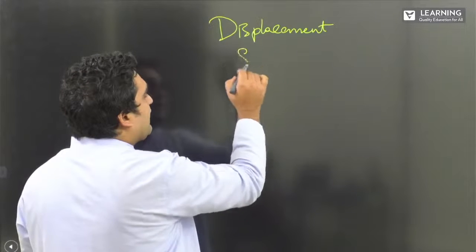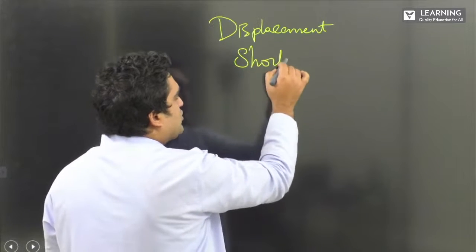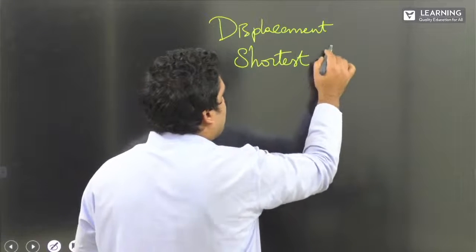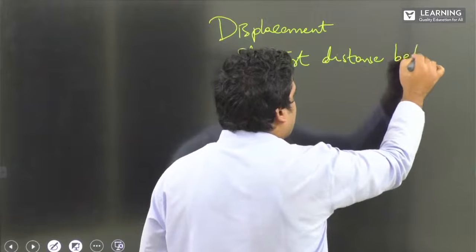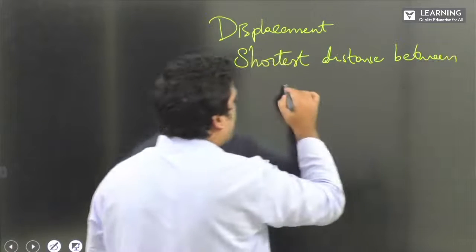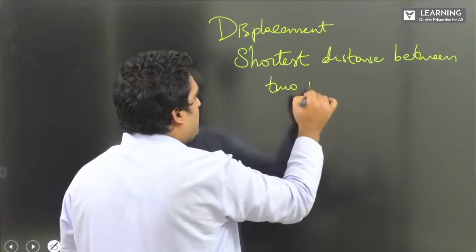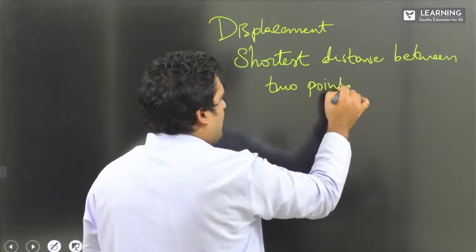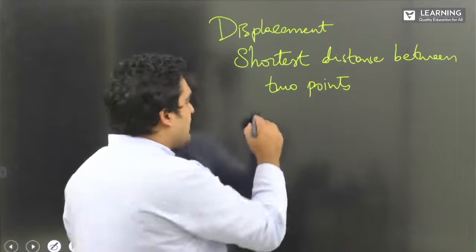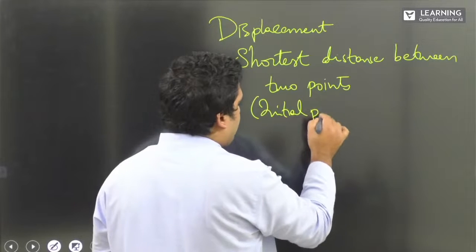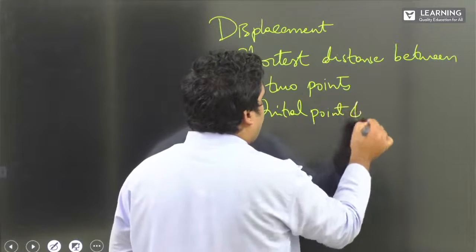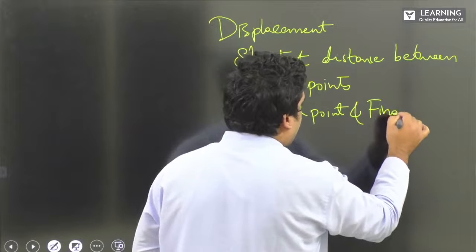Displacement is defined as the shortest distance between two points. And what are these two points? The initial point and the final point.